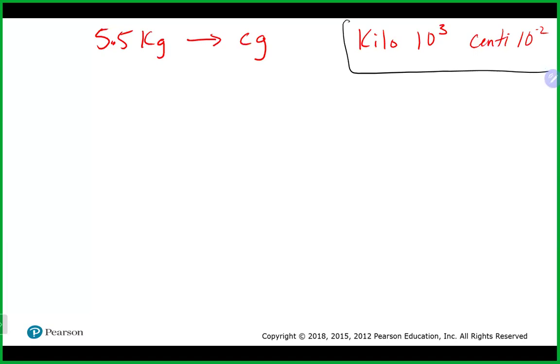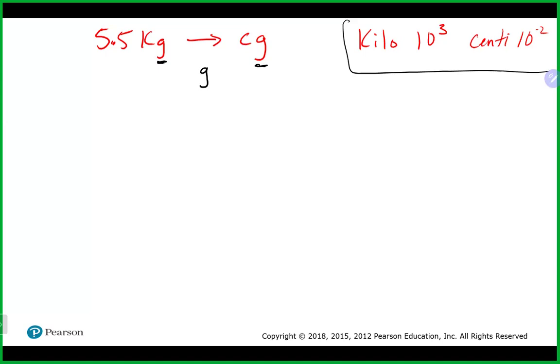So instead of trying to figure out how to directly go from kilograms to centigrams, where you probably will make a mistake, you should think about what ties those two prefix units together. What ties those together is the base unit, right? So the base unit in this case is grams, right? Kilograms, centigrams, grams is the base unit that basically ties those together.